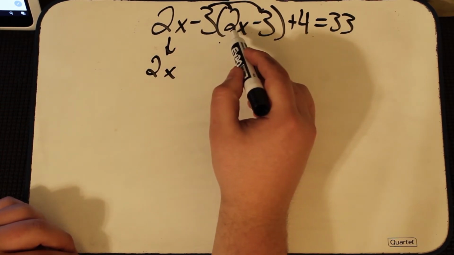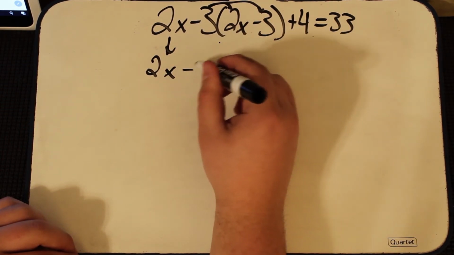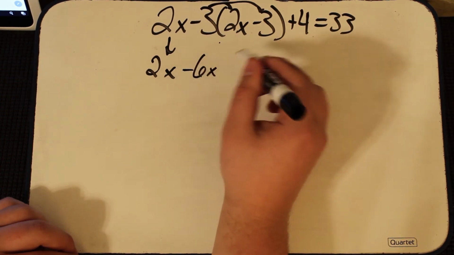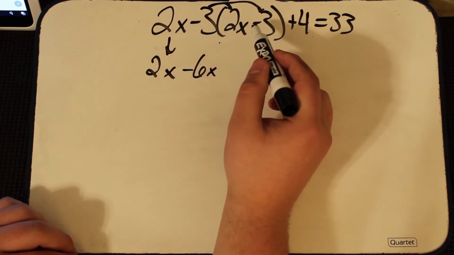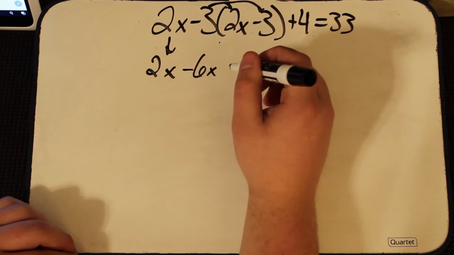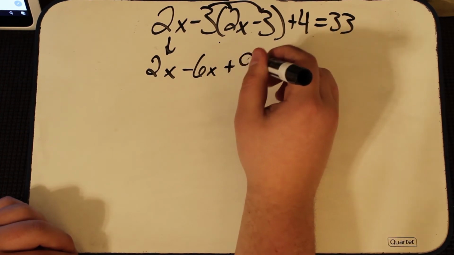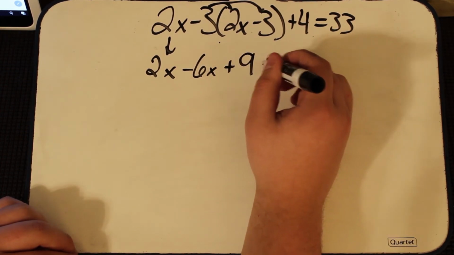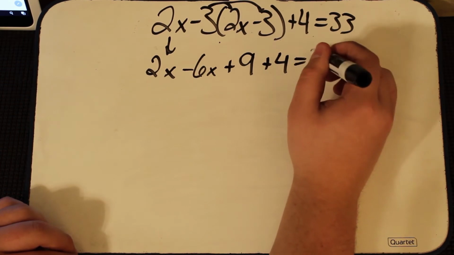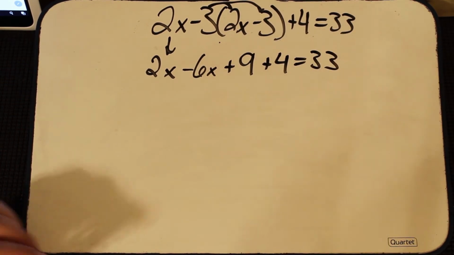Negative 3 times 2x would give us negative 6x. Negative 3 times negative 3 would get us a positive 9. Then we just keep the rest the same.